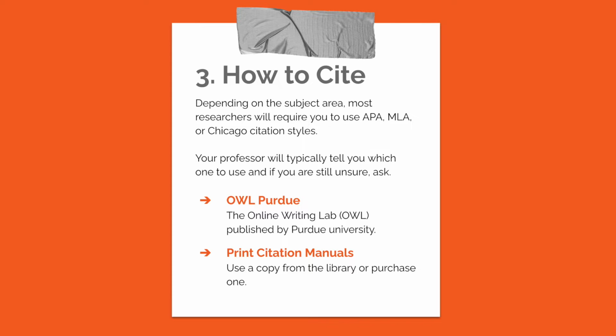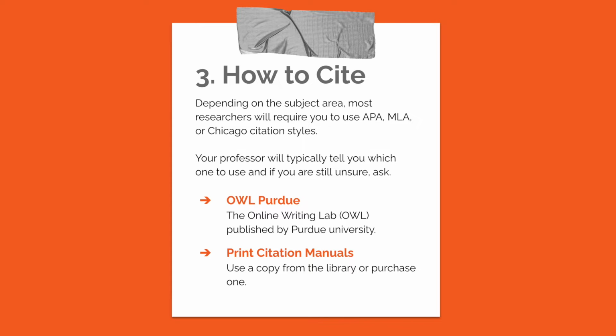And a lot of times disciplines typically use a certain style. So a lot of the social sciences and sciences will use APA. Some of the humanities based subject areas like history, art history, they'll use MLA. And this is because the citation will focus on a different part of the resource.